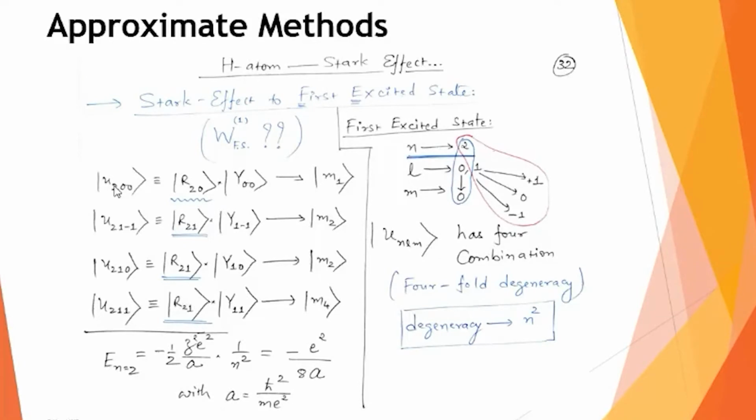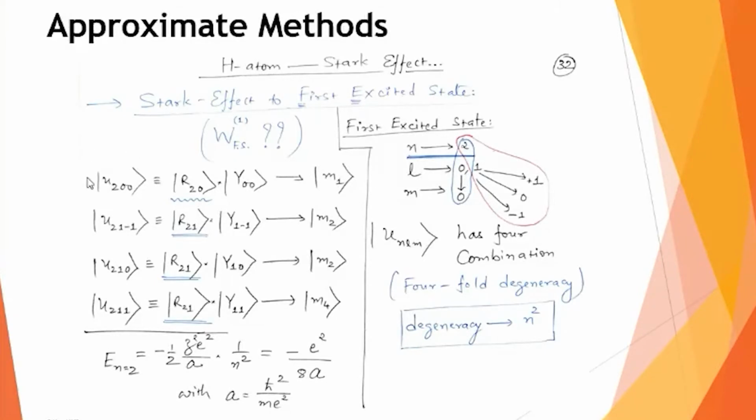Let us write my state function U200. Don't forget this first quantum number represents your principal quantum number. The second quantum number is the value of L, and the third quantum number represents the M value. So the first choice, as I said, the blue part, is 200. So one possible combination of these quantum numbers is U200.